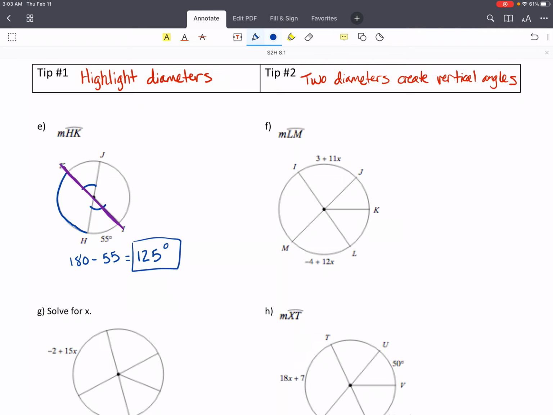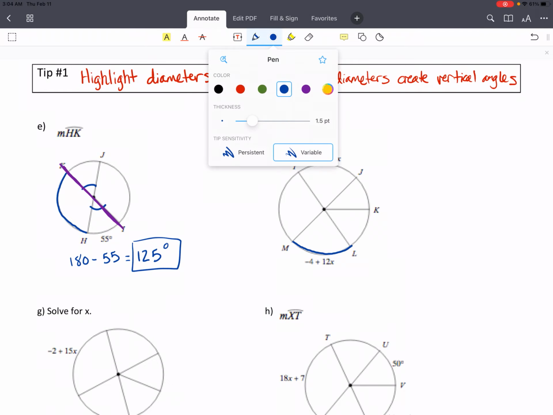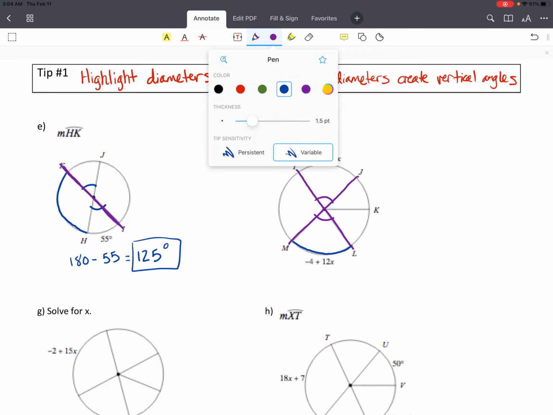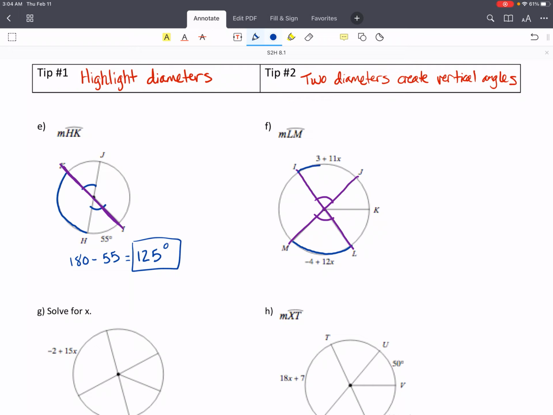Ooh, look at me throwing some algebra at you. All right, here's what I know. This is what I'm looking for. But this arc has been created by two diameters, which means those are congruent. So it means I can set up an equation to say that 3 plus 11x equals negative 4 plus 12x.